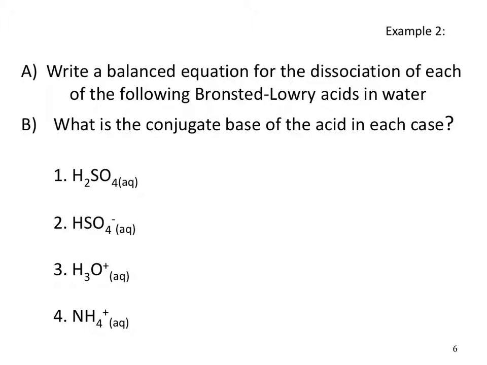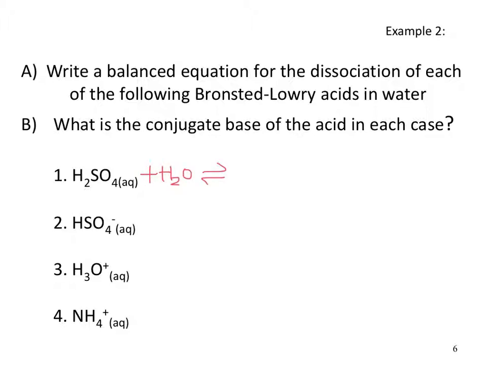The question next is, write a balanced equation for the dissociation of each of the following Bronsted-Lowry acids in water, and tell me what is the conjugate base of the acid in each case. So you have been given an acid and you have put that in water.